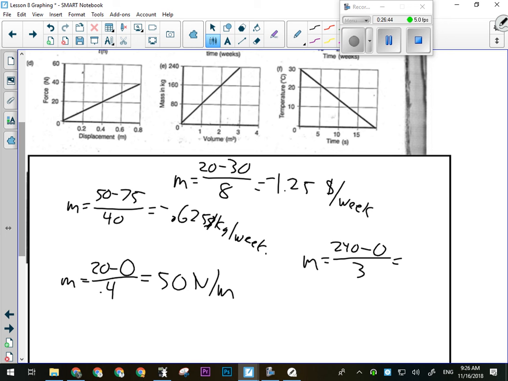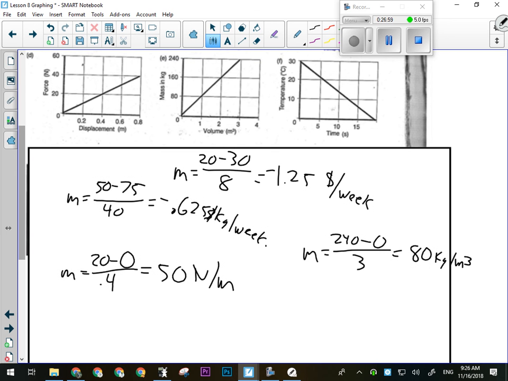Okay, so that should be 80. 80 kilograms per cubic meter. Okay. And then for our last one, we got temperature in degrees Celsius versus time in seconds. We're obviously cooling something off in this graph. All right, so m will be 0 minus 30, okay, because B is 30 on this graph, divided by 20 seconds. So that should be 1.5 degrees Celsius per second.